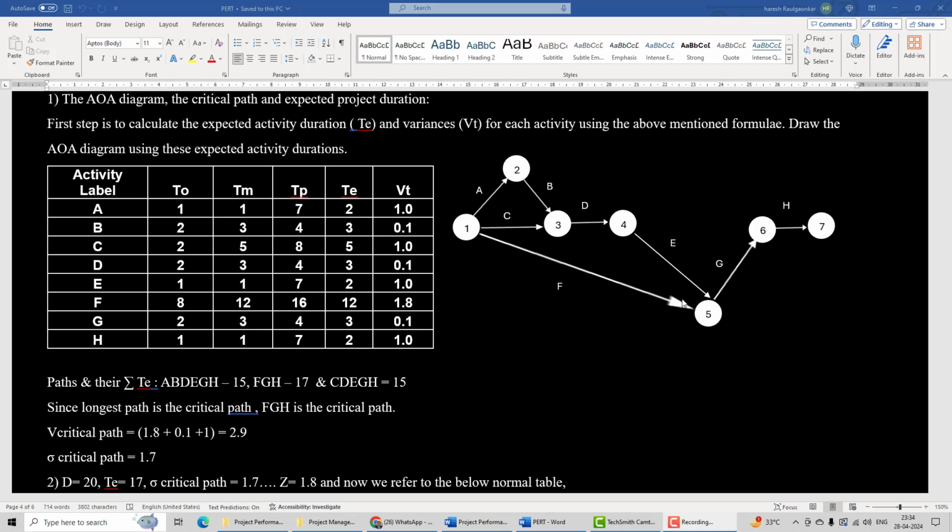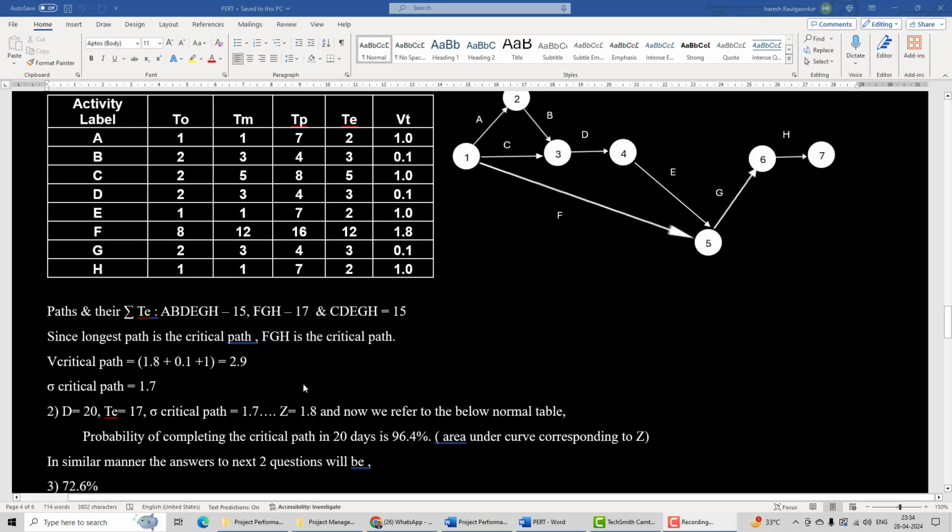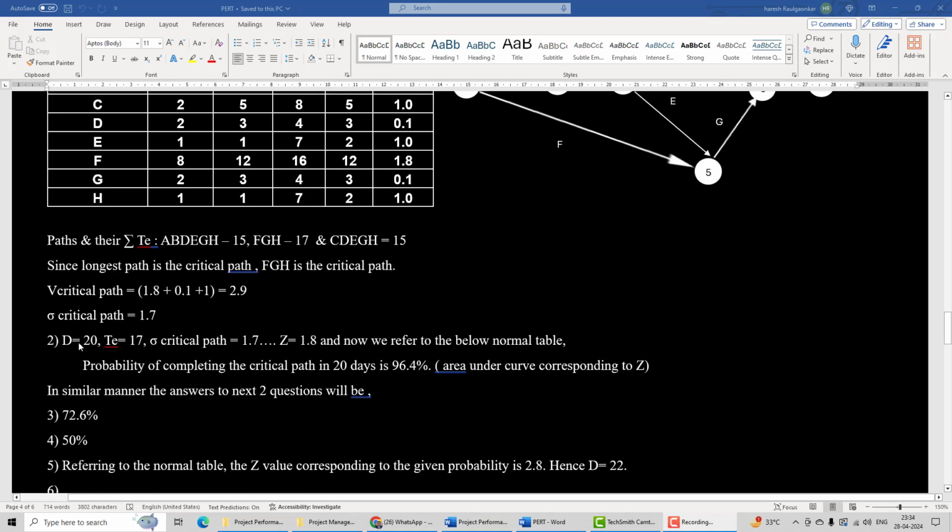You can find that FGH is the longest, which is the critical path, with a TE of 17. For the variance of the critical path, you add the variances of F, G and H, and then take the square root, and you will get sigma of the critical path as 1.7.